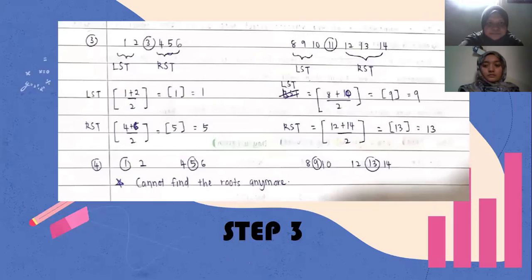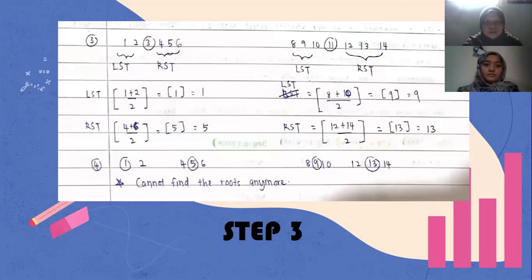So for the next step, from step 2 we get 3 and 11 as the roots. So we will repeat the step until we cannot find any roots anymore. When you see the third step, when we get 3 and 11, we also have left subtrees and right subtrees again.